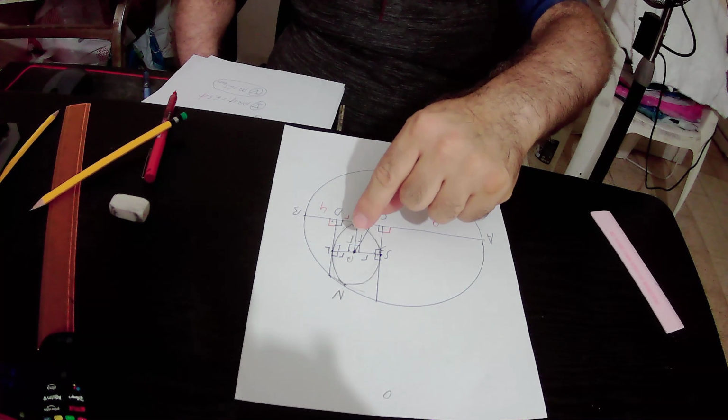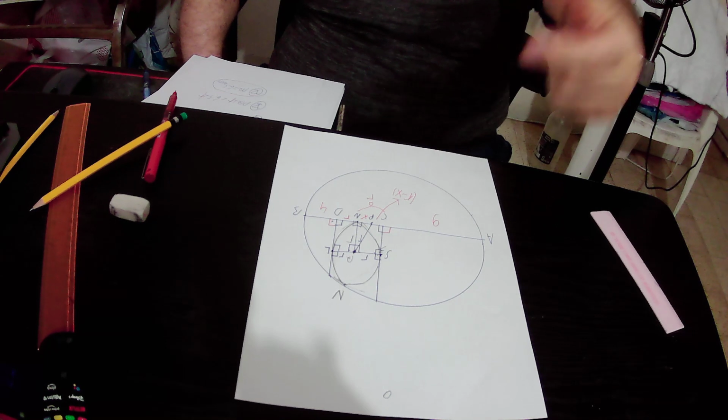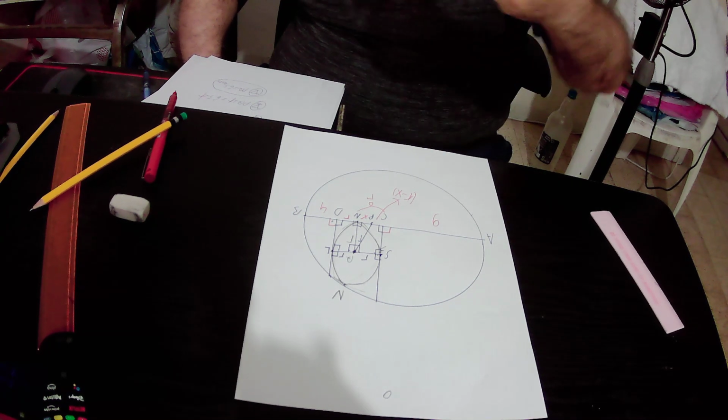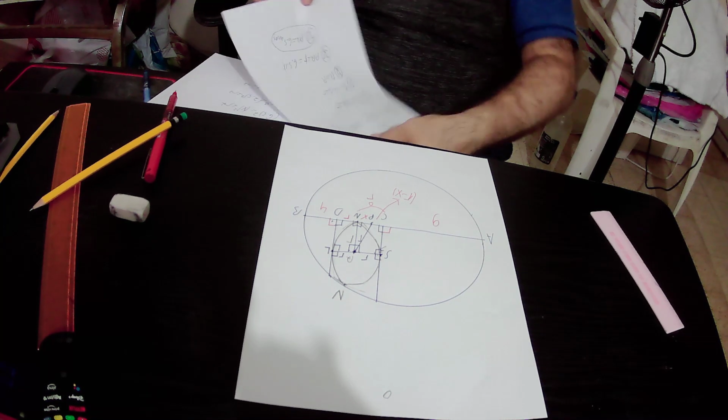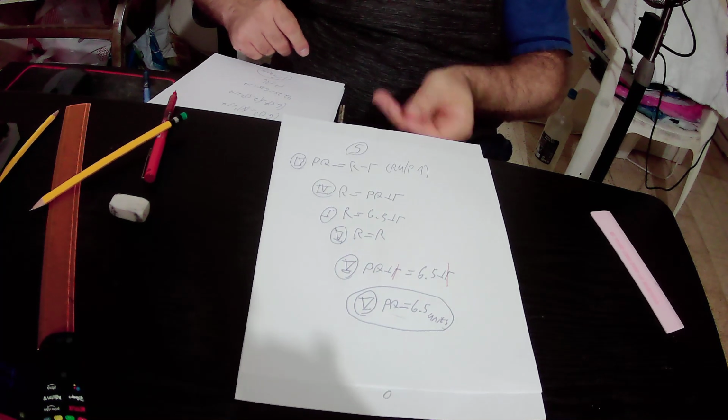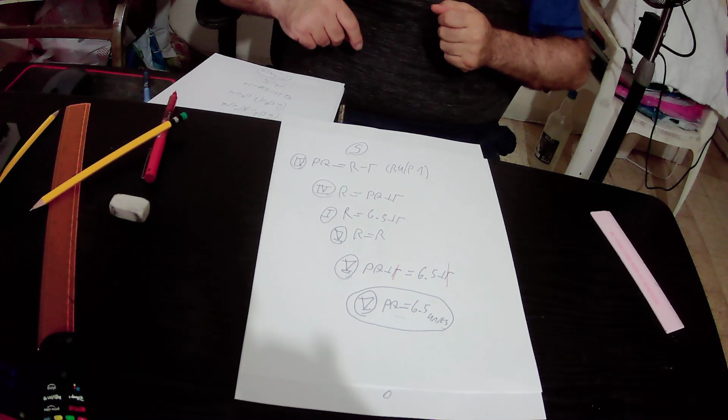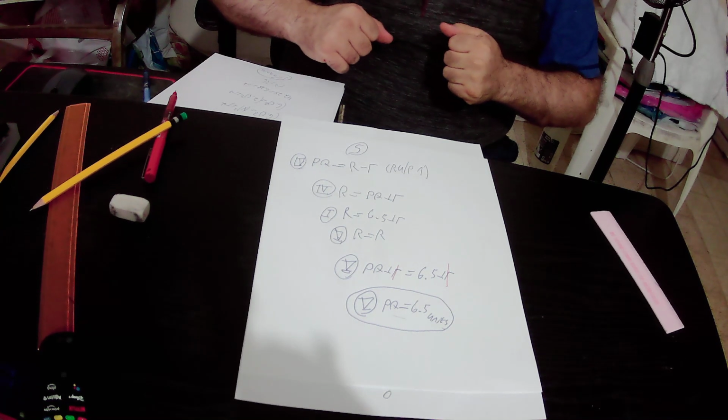And this distance is equal to the difference between the lengths of their radiuses. That is to say, PQ equals capital R minus small r.